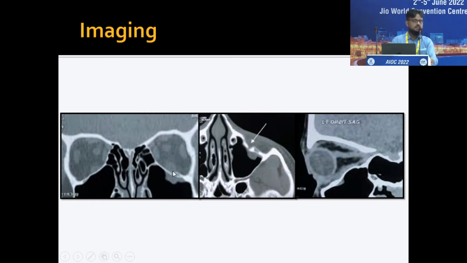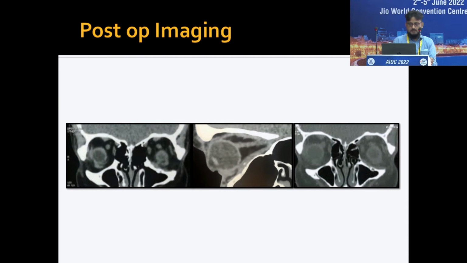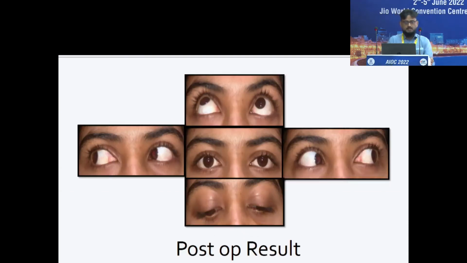In this particular case, you don't need volume restoration; you just need to release this entrapped muscle and put something there so that it doesn't go back. So that's what we did. We released the muscle and put an osteomesh implant, which is an absorbable implant. And this is the post-op result. You can see that elevation has quite nicely almost come back to normal.